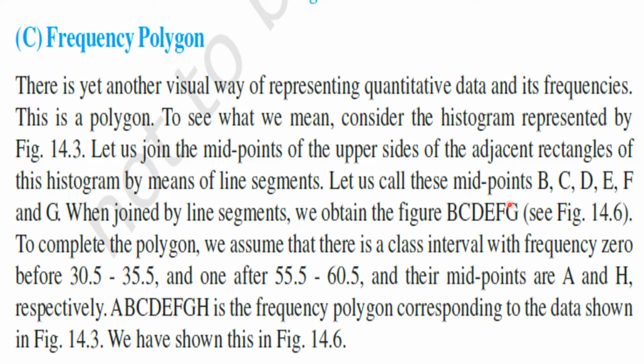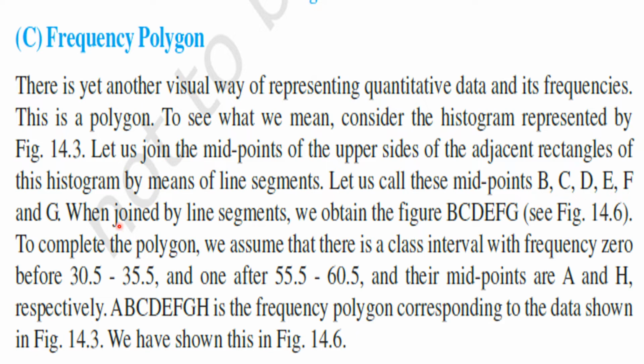Let us call these midpoints B, C, D, E, F and G. Okay, my children, we have found 6 midpoints. 6 rectangles are there, and the midpoints of the upper sides of all these 6 rectangles are considered as the points B, C, D, E, F and G.